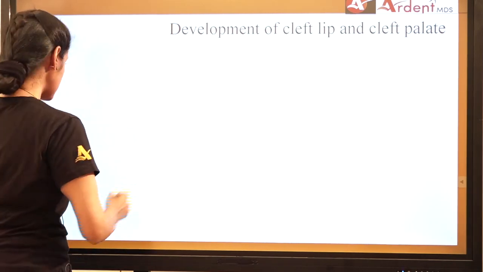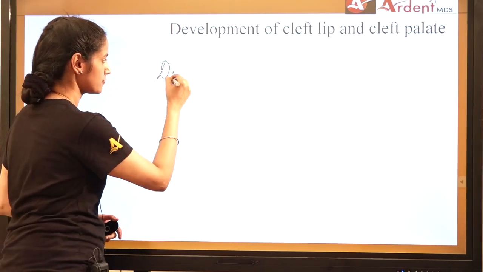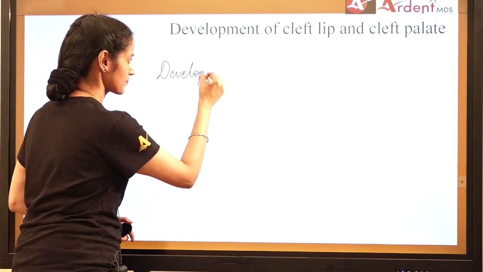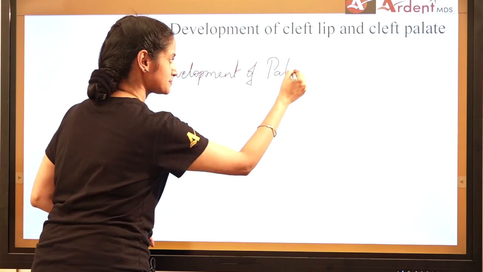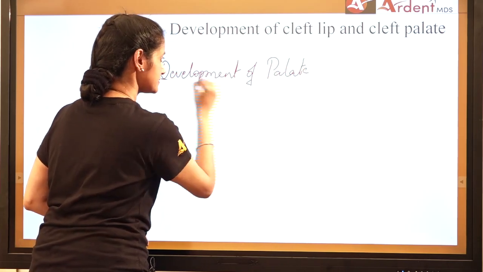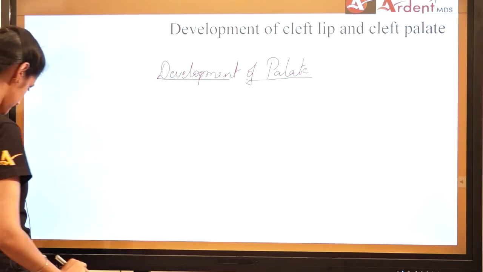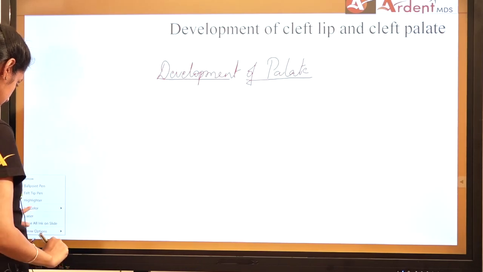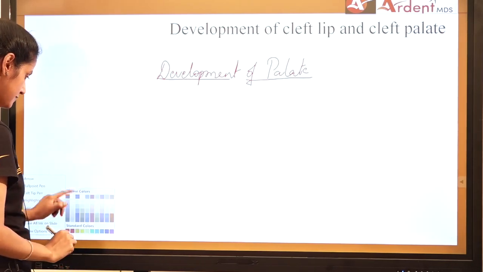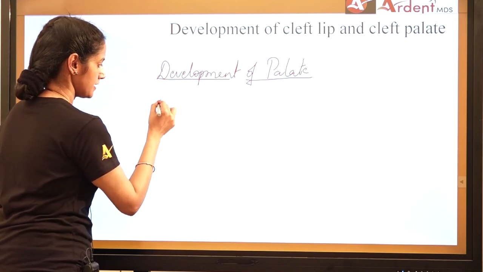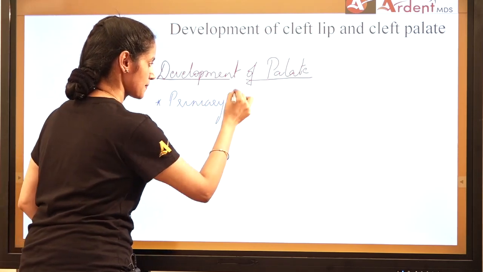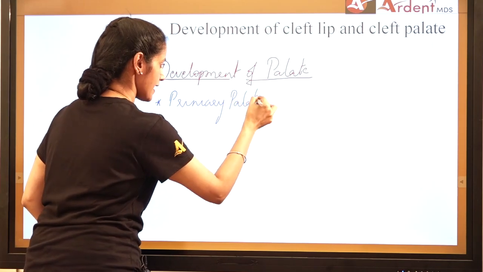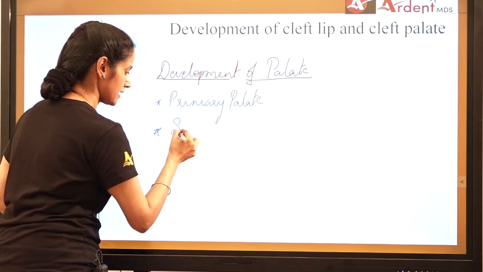Now, coming to the development of the palate. We have the primary palate and the secondary palate.